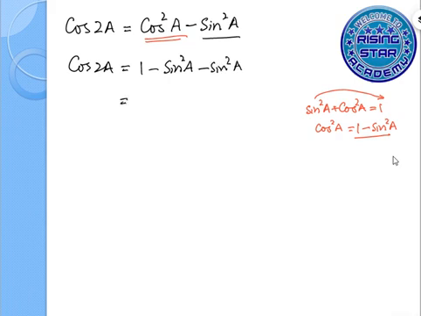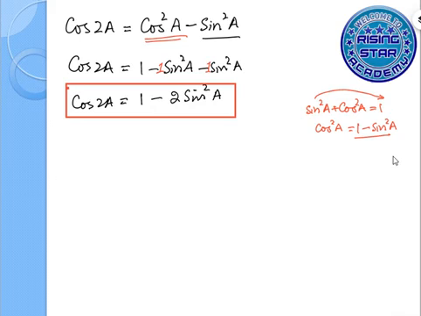In the next step, we have this is minus 1, this is minus 1, so it would be added and that would become minus 2 sine square A. So this is our second identity from the double angle which I proved.